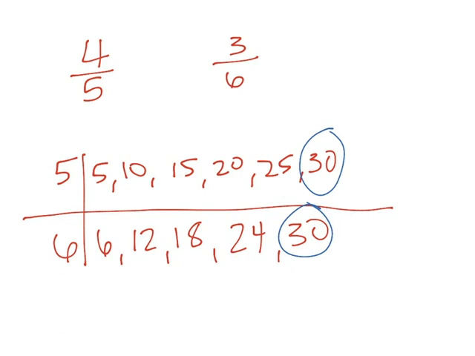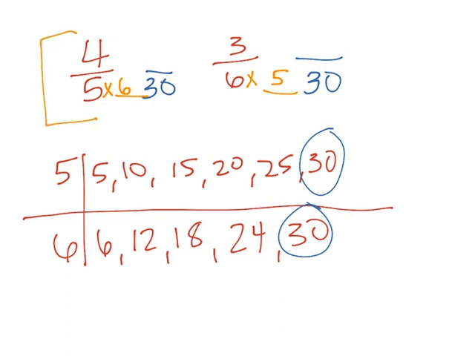Okay, so now I'm going to rewrite my fractions using 30. All right, so let's do this. So we do 5 times what equals 30, and 6 times what equals 30. So we know 5 times 6 equals 30, and we know 6 times 5 equals 30. So I'm going to just focus on this fraction right now. 5 times 6 is 30. What I do to the bottom, I do to the top.